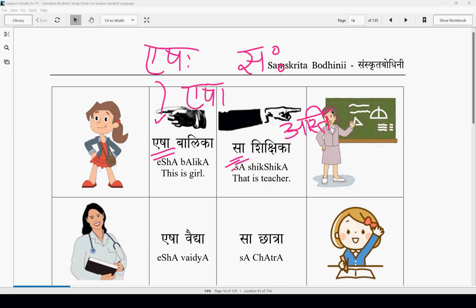Okay? There are also Pullinga words which are ending in a, but we'll come to that later. But right now, to keep it simple, we are taking the examples of those words which are feminine, which are ending in a. Balika, Shikshika, Vaidya, Chhatra, etc. Esha Balika, Sa Shikshika, Esha Vaidya, Sa Chhatra.